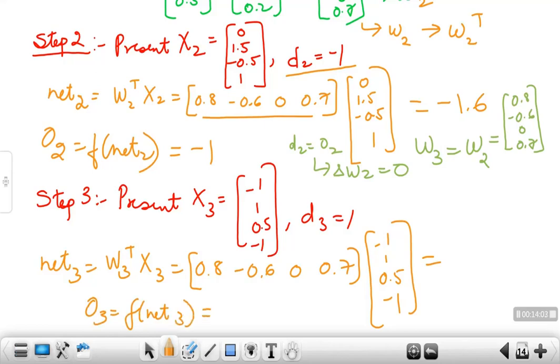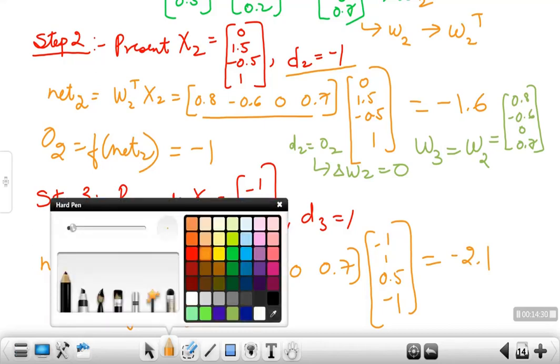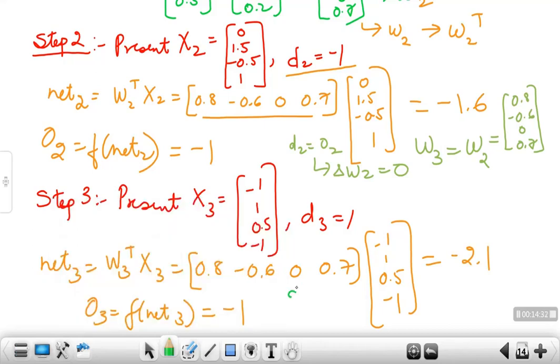When you present x3, d3 is equal to plus 1. So we have to find out net 3, which is W3 transpose into x3. W3 transpose will be same as W2 transpose. Then you multiply with this, calculate net 3 and then calculate O3, that is f net 3.